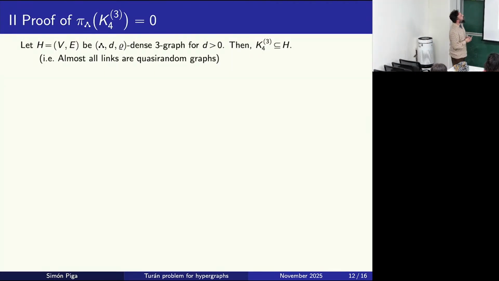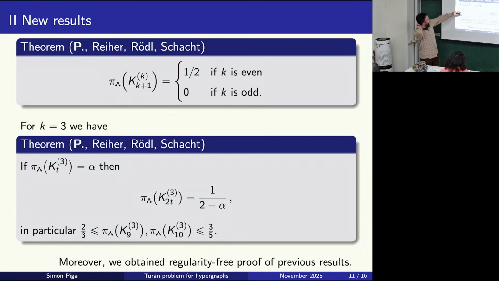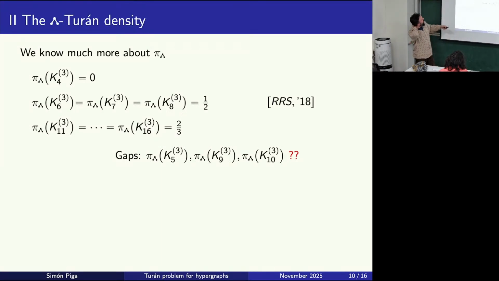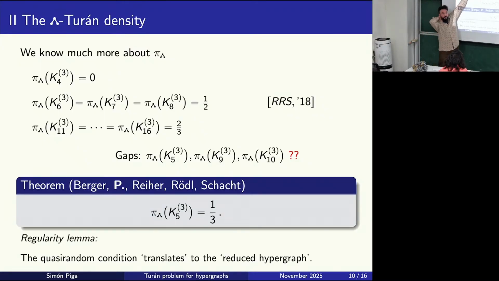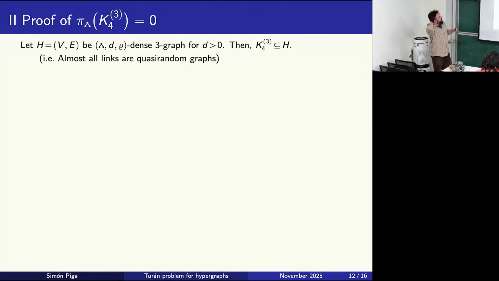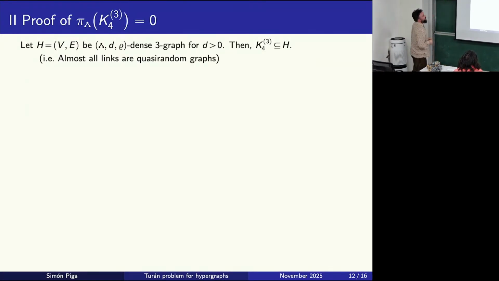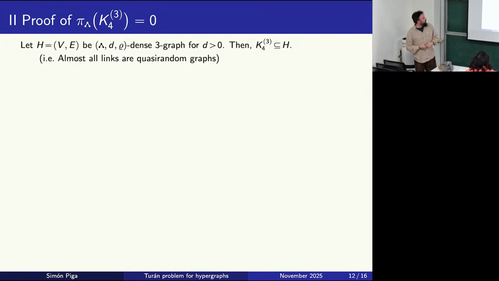So let me see whether I can show you. Remember from the slide before, the Turán density of K4 is 0. So let me try to show you that the Turán density of K4 is 0, without using regularity.